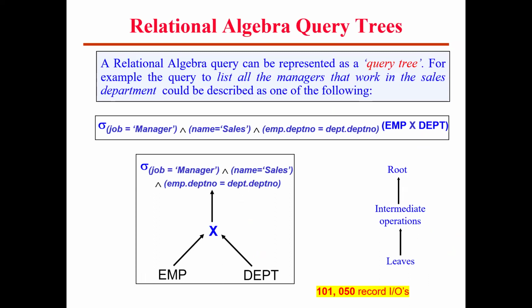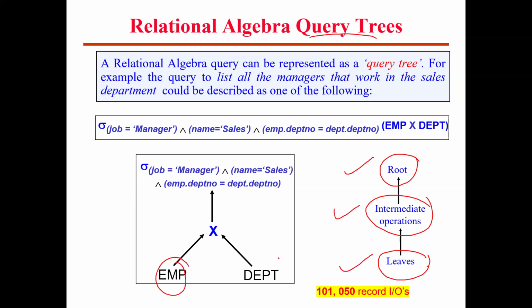For now, let us see how to draw the query tree. When we are drawing a query tree, it is very important to understand its structure. The query tree consists of a root, intermediary operations, and leaves. In the leaves, we have the table names.